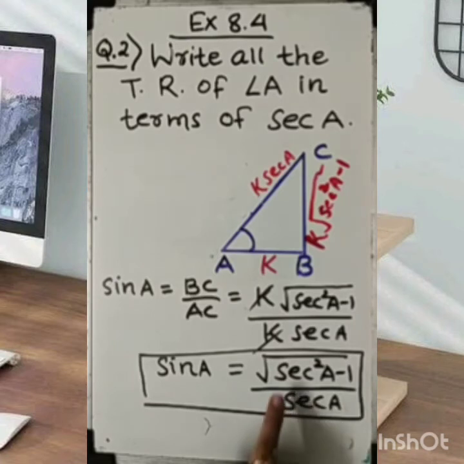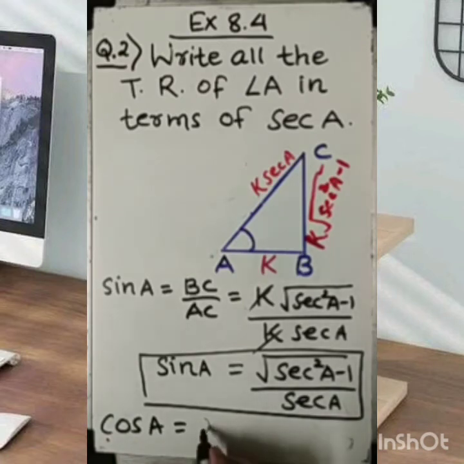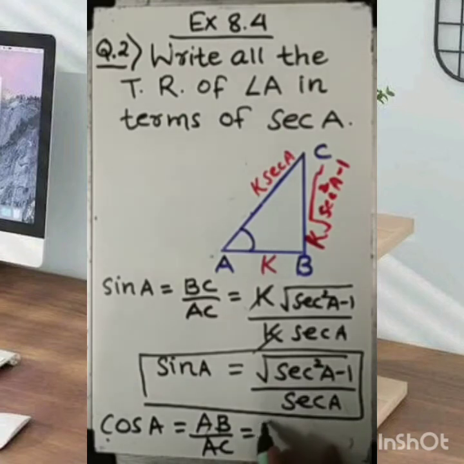Okay, sec form. Now next I am going with cos A. You know, dear, cos A is the inverse of what? That is the inverse of sec. So it is AB upon AC. Simple. What is AB? AB is already with us. Its value is only K. AB is K upon K sec A. Agree?